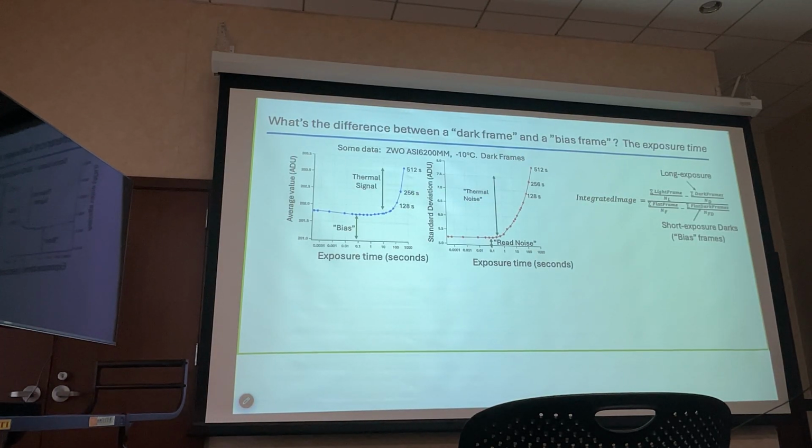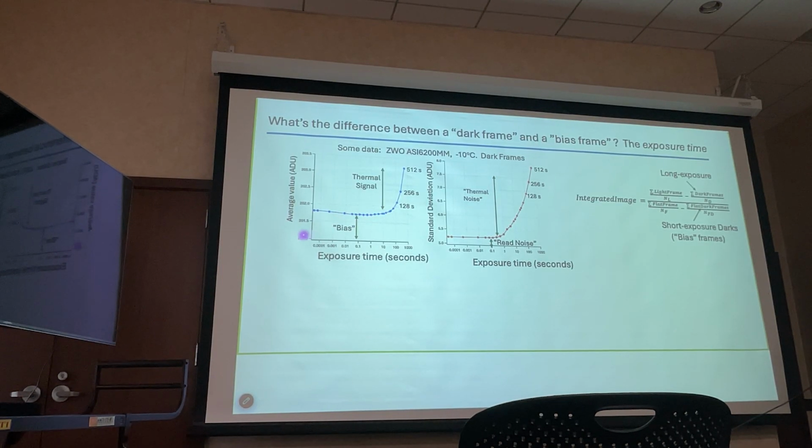In fact, this comes back to your earlier question, what's the difference between a dark frame and a bias frame? All we're really doing is subtracting off that average value. The noise doesn't matter. If we look at the average value as a function of exposure time, and the noise as a function of exposure time, for any dark frame less than about a second, nothing matters.